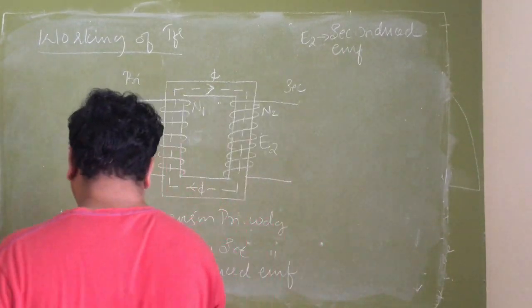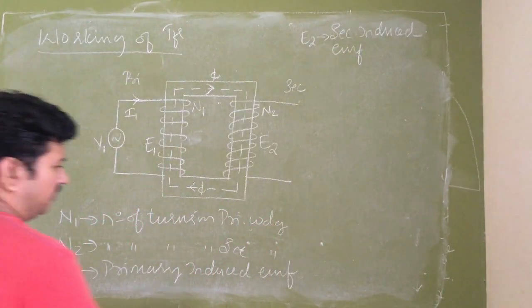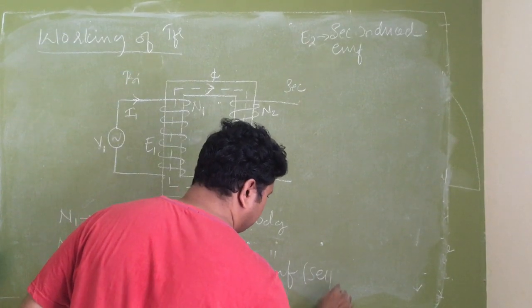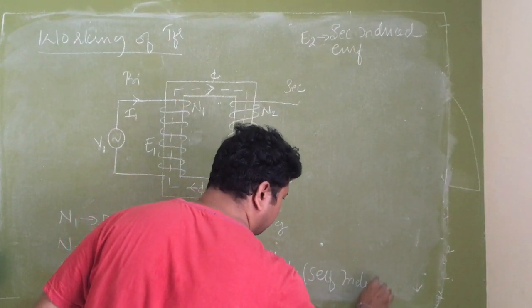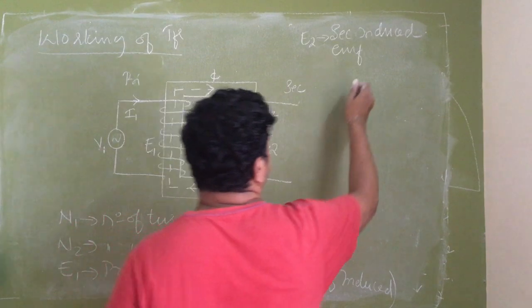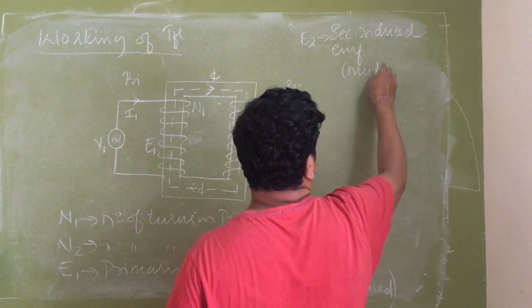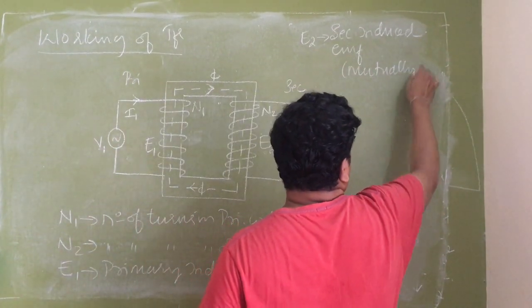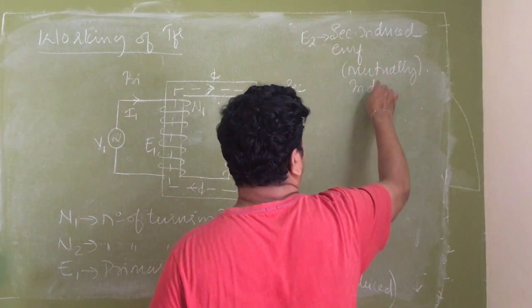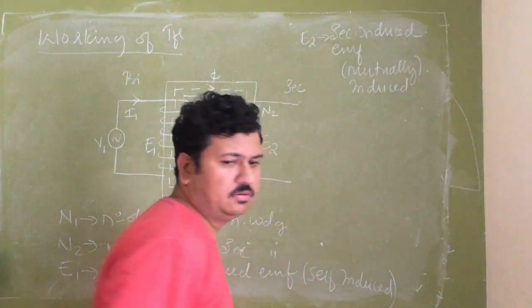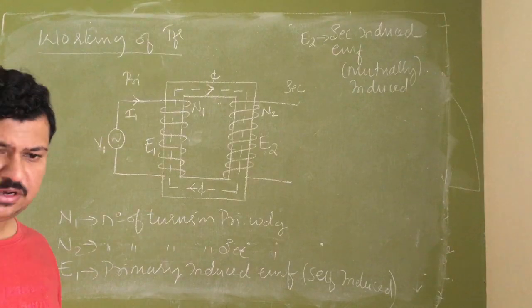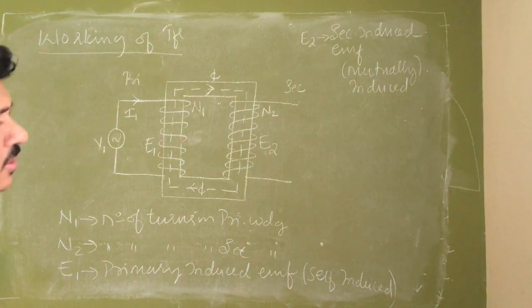E1 is the primary induced EMF, this is self induced, and E2 is mutually induced.